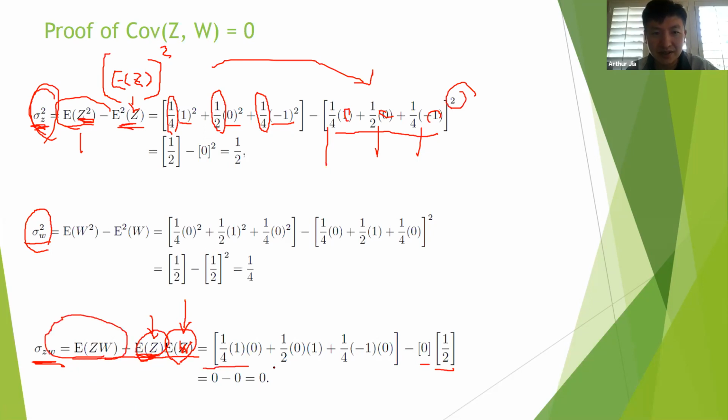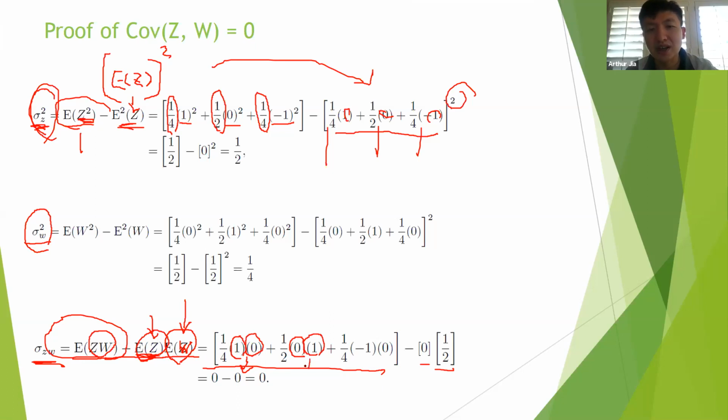So we want to calculate the expected value for Z multiplied by W. For Z multiplied by W, there are also three possible values. For the first genotype, Z equals 1 and W equals 0, that gives you the first value for Z times W. If the individual takes the genotype A1A2, in that case Z equals 0, but W equals 1.